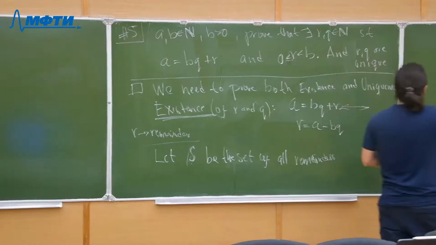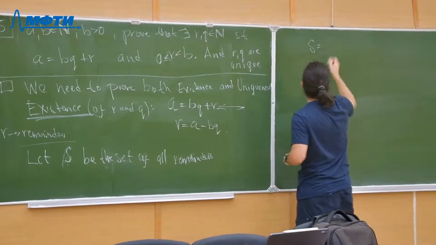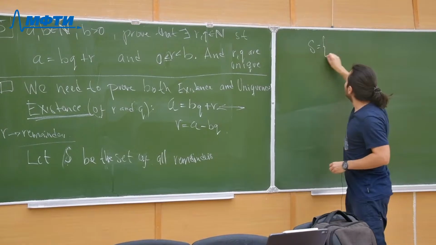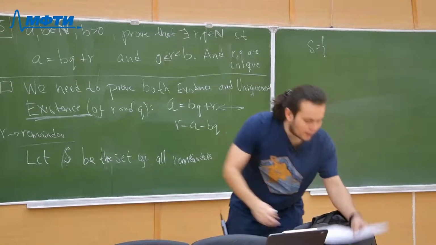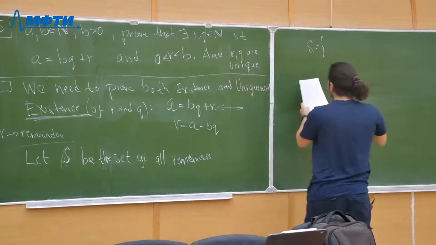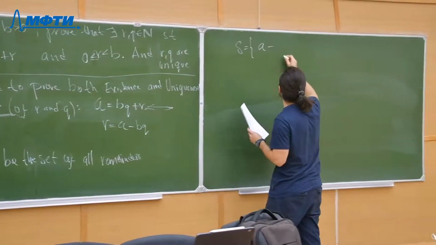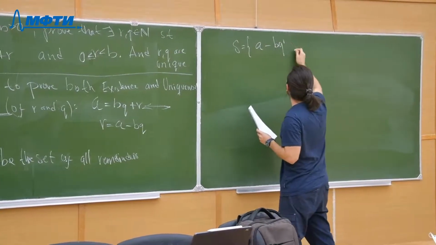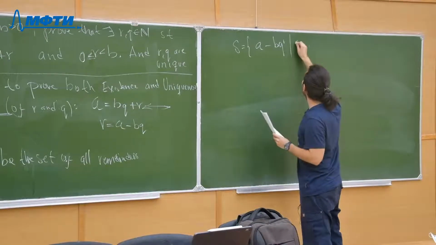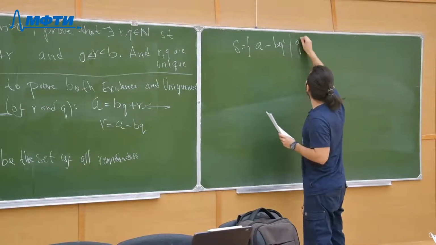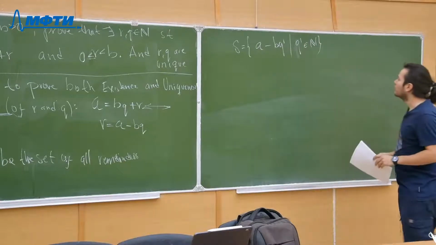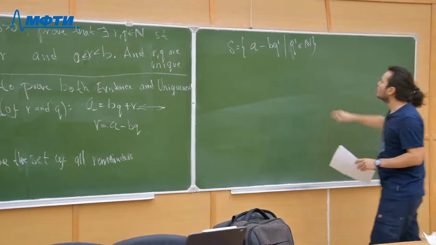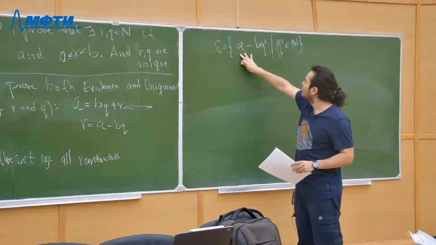So S is the set of all remainders. We can write it in the following way: S is equal to all such numbers A minus B Q prime, where Q prime is a natural number.